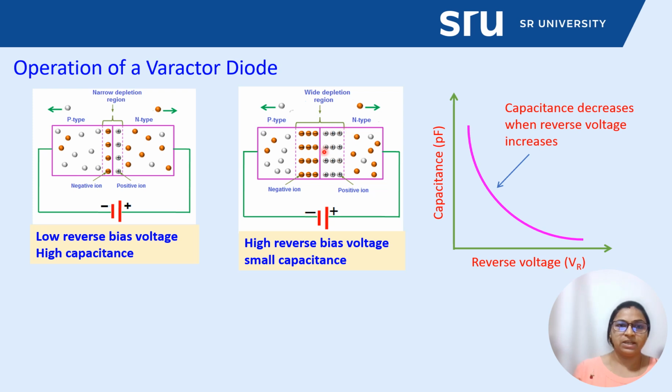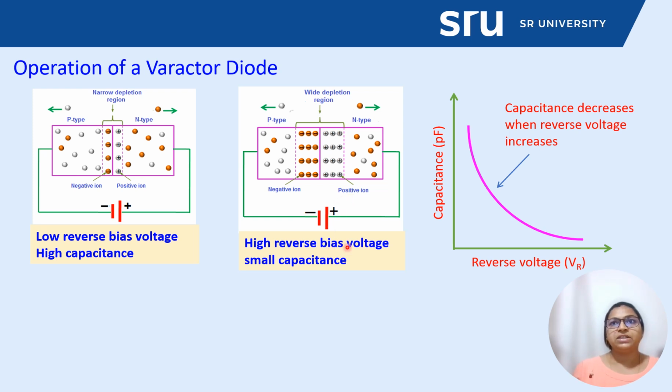From the picture it is clear that at low reverse bias voltage, the depletion region is very narrow, denoted with this dotted line, and here the width of the depletion region is very wide. Then here is a very high reverse voltage and we are getting small capacitance.